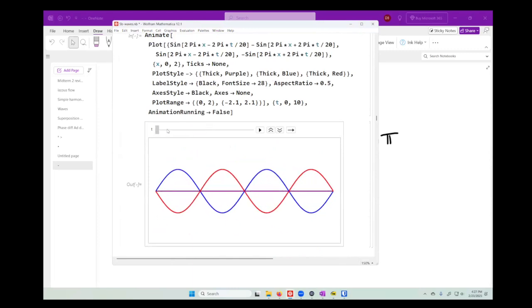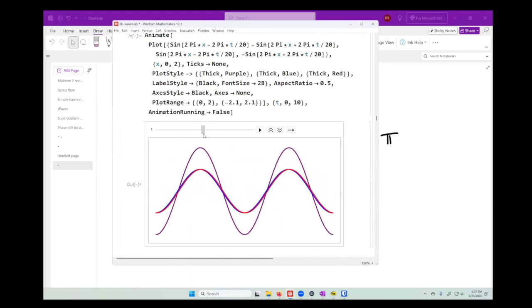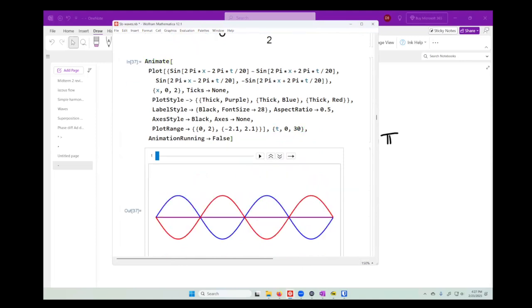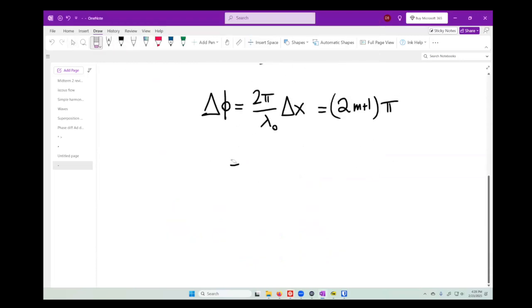So here's what constructive interference means. I'll just draw it.